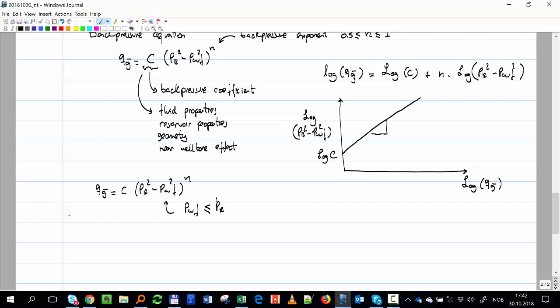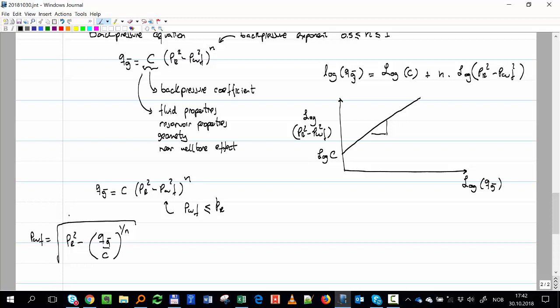Now, if you use it the other way, which will be QG over C, one problem you have is that you have no idea how much the well is producing. What rate to use?